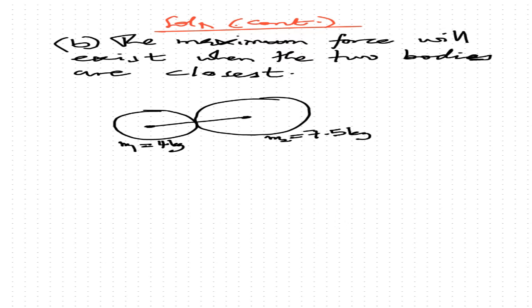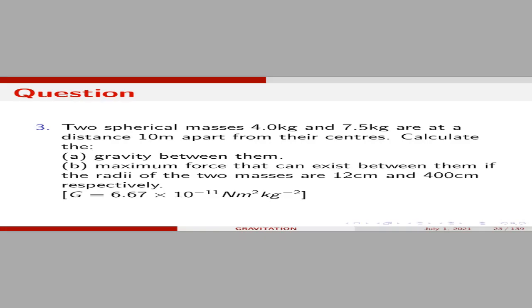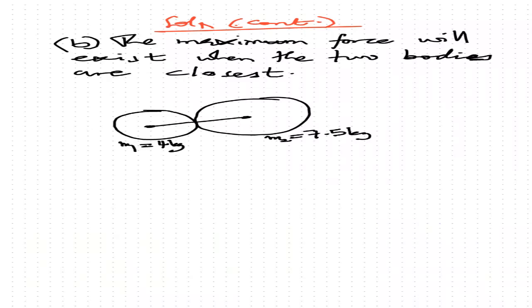So the question says the radii of the two masses are 12 centimeters and 40. So this one will be 12, and this one will be 40.